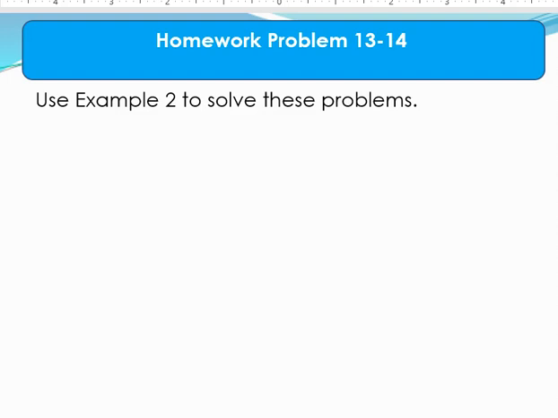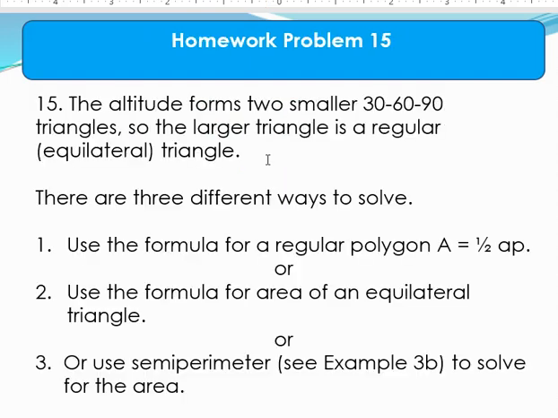It was not an equilateral triangle, just a scalene triangle. It showed you the side lengths on all three sides, and it had one of the angles. In example 2, you dropped an altitude and then solved using your trig formulas to find the height. So you're going to be using that example 2 to solve for problems 13 and 14.